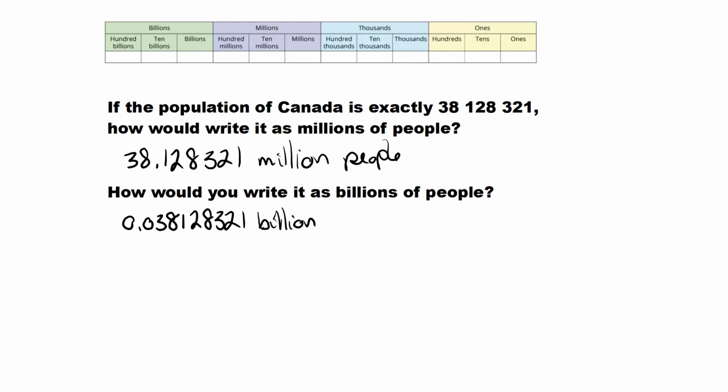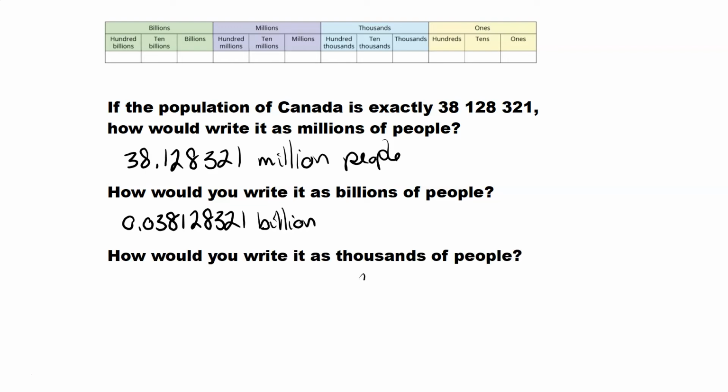So a very small part of a billion. And what about if you wanted to write it as thousands of people? Then it would be 38,128 thousand people. If you had groups of 1,000, you would have 38,128 of those groups.